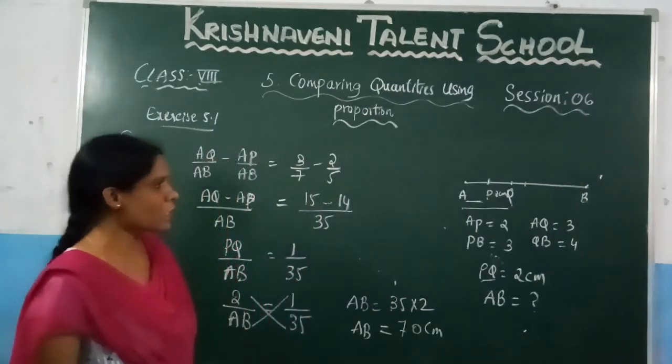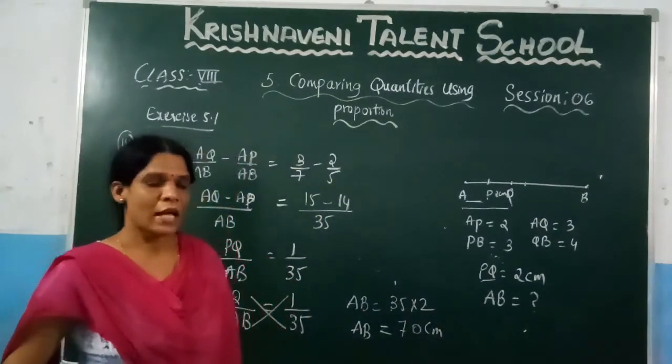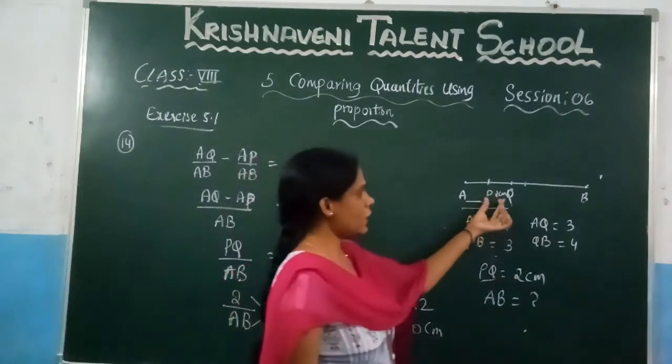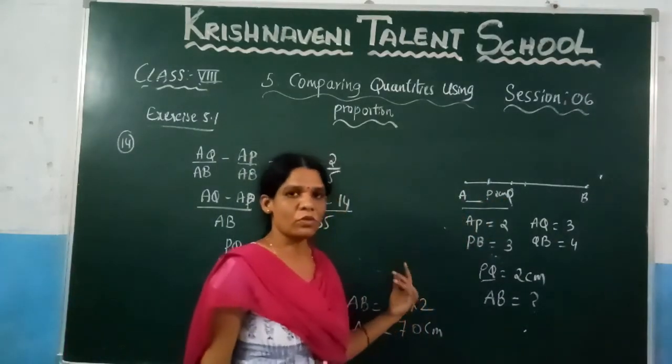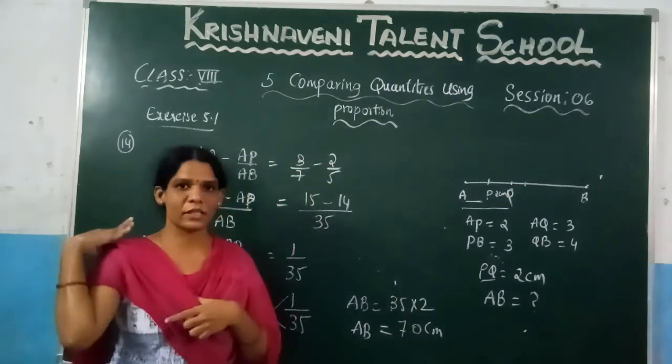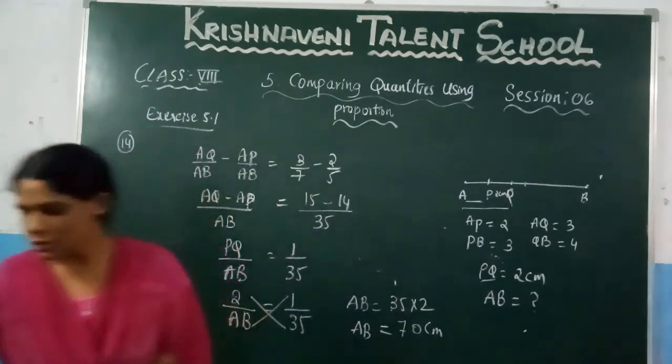This is the problem. They have given the ratios, and after that they have given the length of PQ, so that you need to find the length of AB. So let us write the proof of this one.